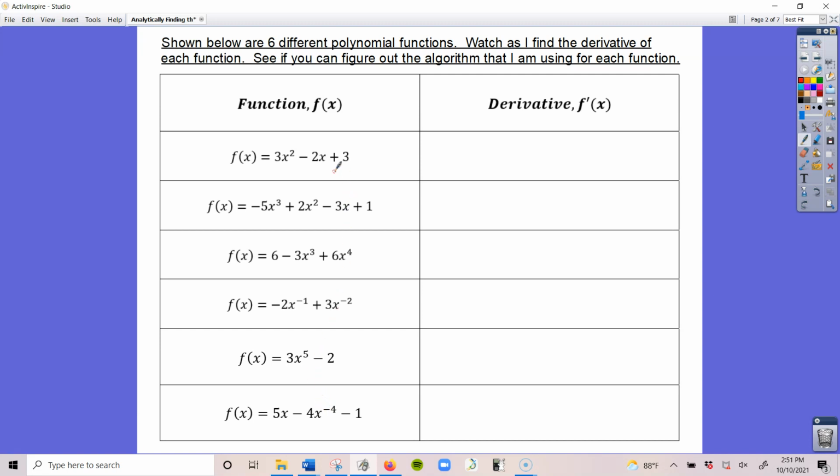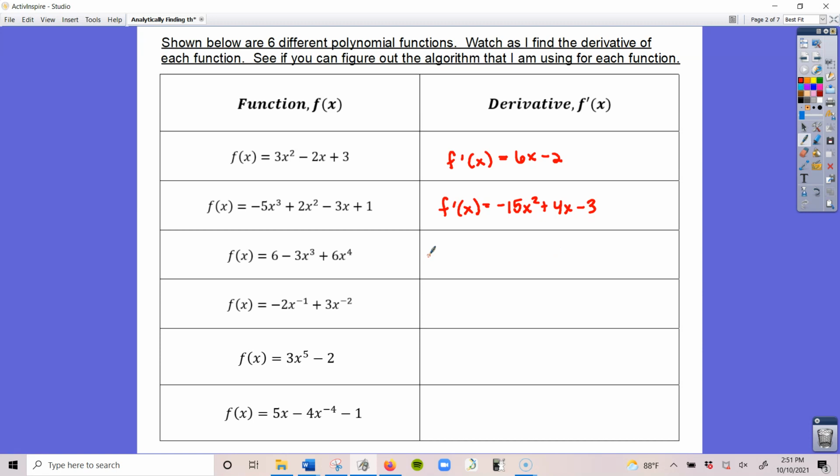Now hopefully you'll be able to notice what the pattern is for these. For f of x is equal to 3x squared minus 2x plus 3, the derivative is going to be 6x minus 2. For f of x is equal to negative 5x to the third plus 2x squared minus 3x plus 1, the derivative is going to equal negative 15x squared plus 4x minus 3.